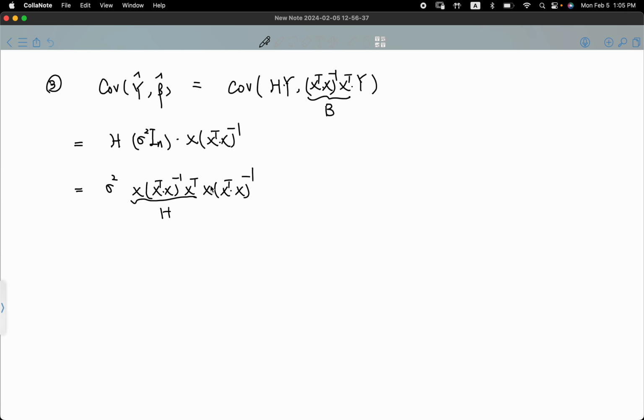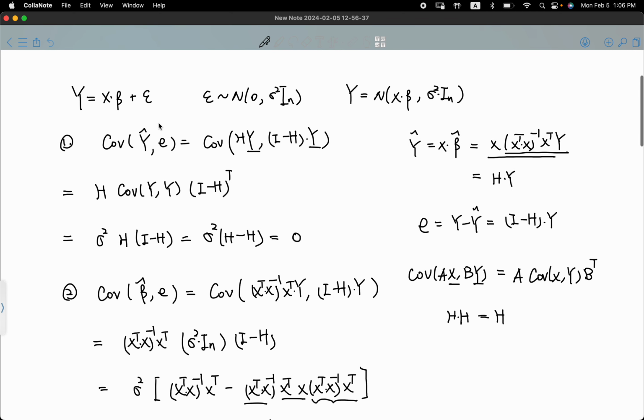Okay, so you can see that some of the terms can be cancelled, but not all of them. So we have that. Let's use the X here. Here we just comment that the covariance of the prediction and your residual is 0, and the covariance of your estimated coefficient and the residual is 0.